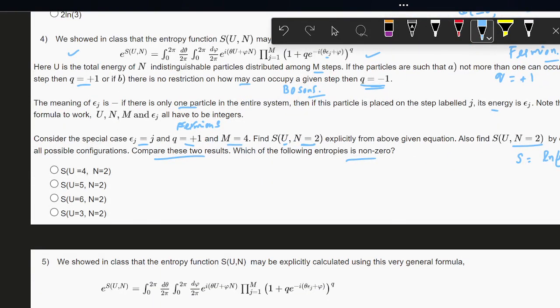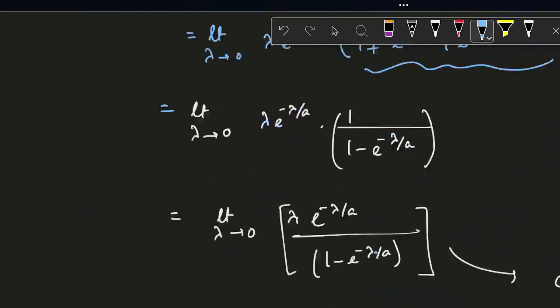We are asked to get s of u comma n equal to 2, and then also solve it from microstate count. After that we have to find all these values of u: 4, 2, 3, 4, 5 and 6. Four values of u are given for n equal to 2, and you have to know which has the non-zero value of the entropy out of those four options.